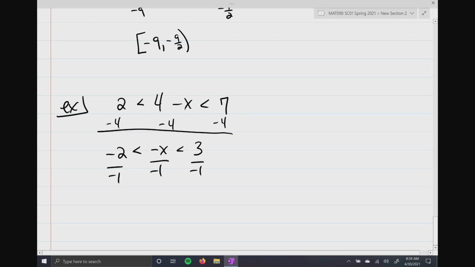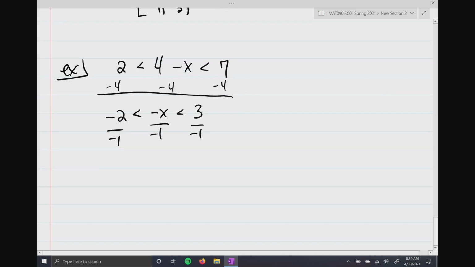That number in front of the variable is a negative 1. So I divide by a negative 1, but here's the problem. Whenever I divide by a negative number using inequalities, the inequality symbol must change. So right now, this is going to be positive 2 greater than x greater than negative 3.